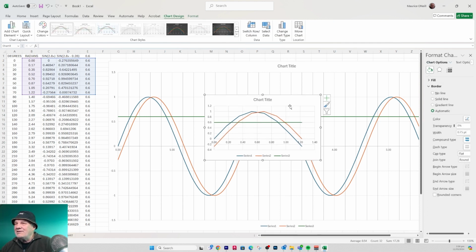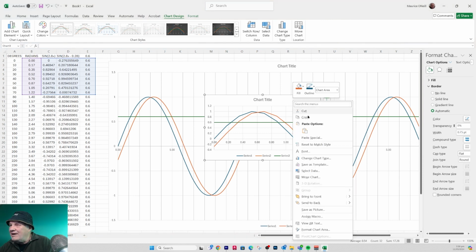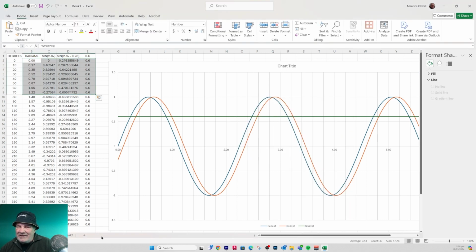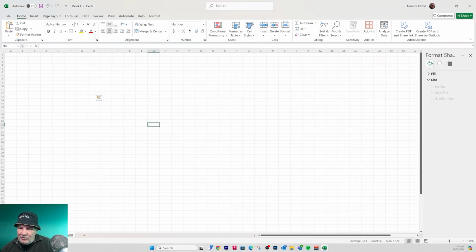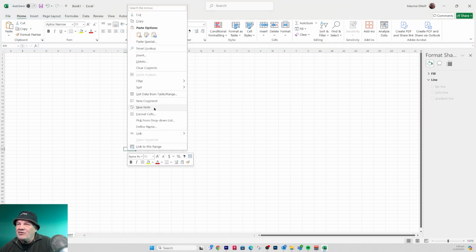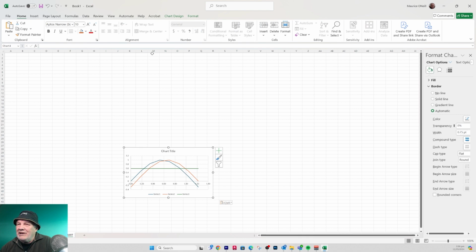However, there's not enough room to really show it on this page, so I'm going to show it on another page. Right click there, and I'll cut it, and we'll put it on this one here, paste it here, paste, and there it is.